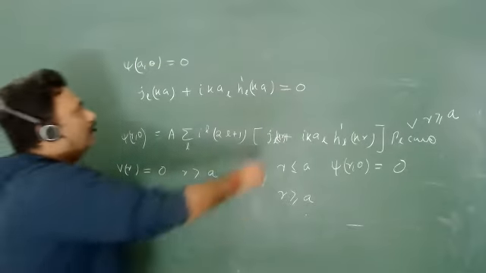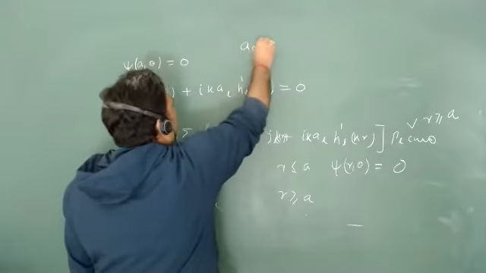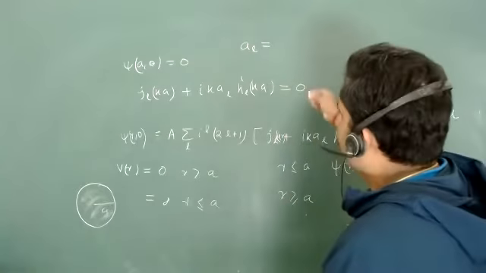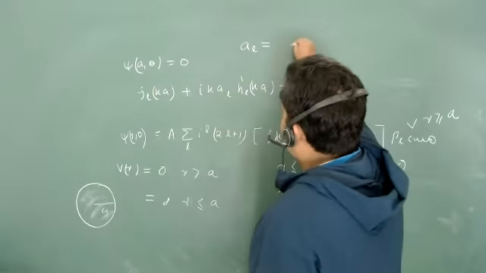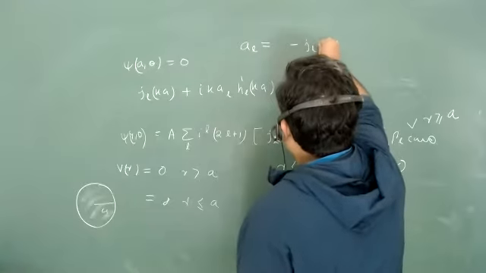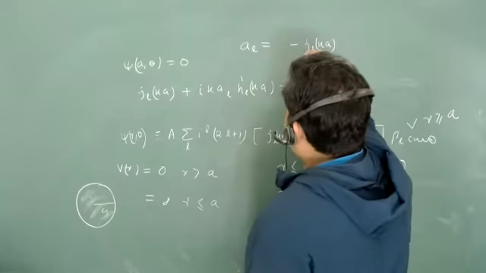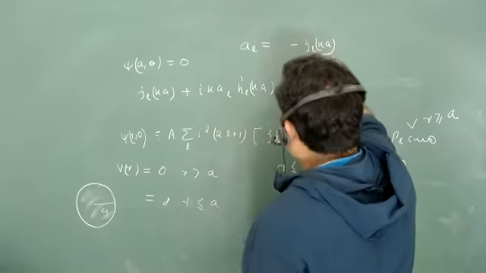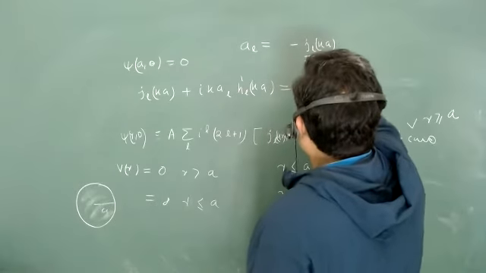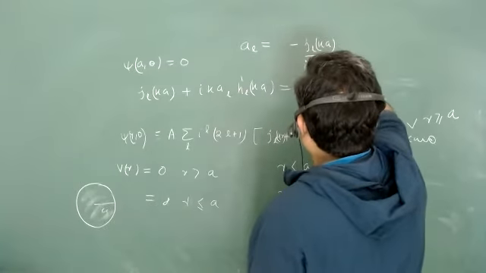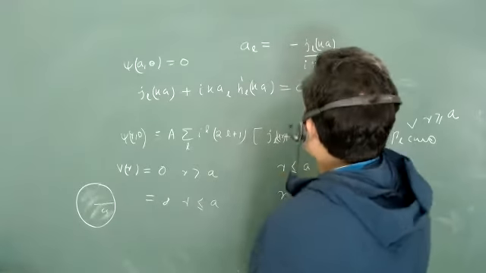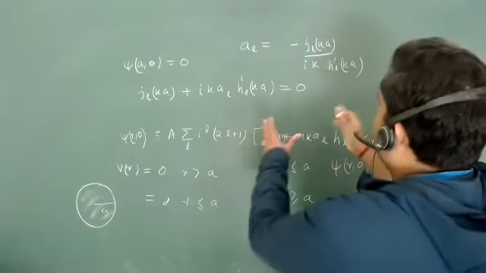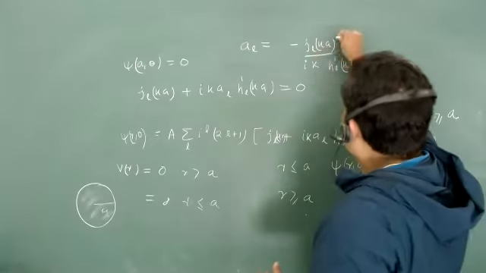So what is A_L? I can calculate A_L, right? So A_L is equal to minus j_l(ka) upon i k h_l^(1)(ka). Okay, this is your A_L, and you can find all of these; these are known functions.